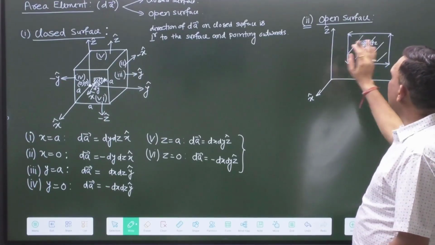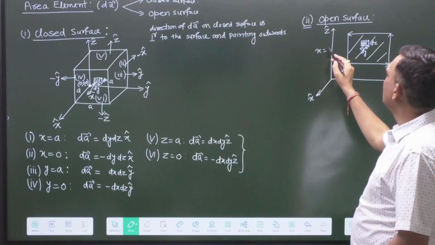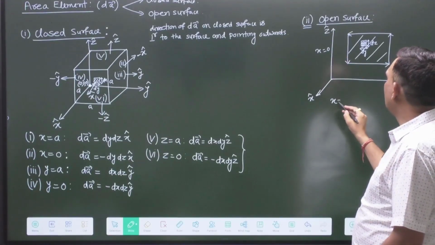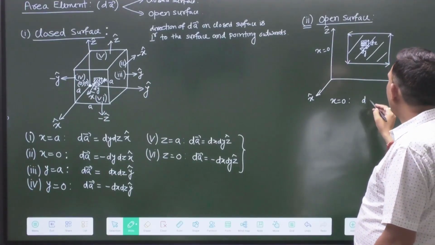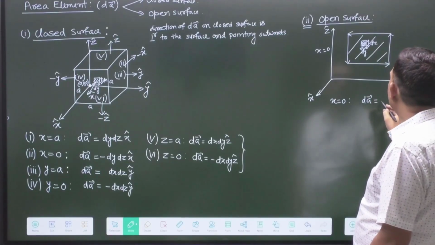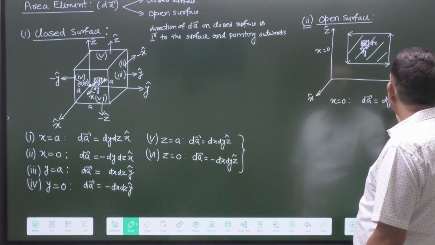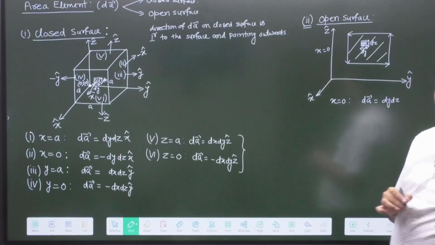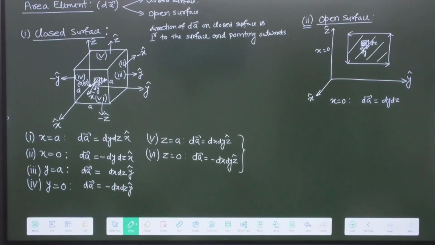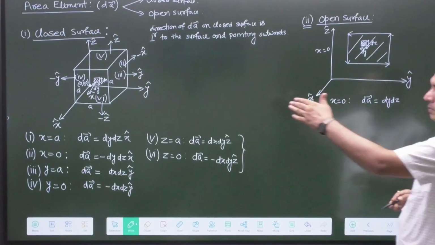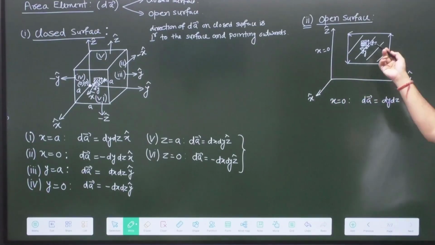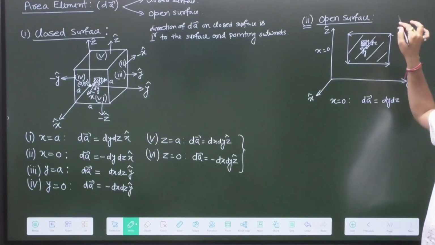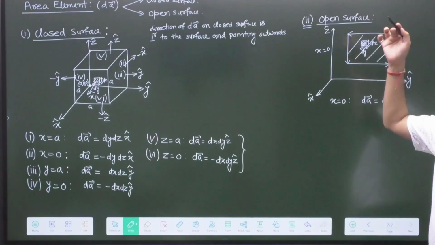Because this is in the yz plane, so this is again the x equal to 0 plane. dA will be given by magnitude dy dz. But what will be the direction? You can't use the same definition. Away from the surface. This is also away from the surface. The opposite direction is also away from the surface.